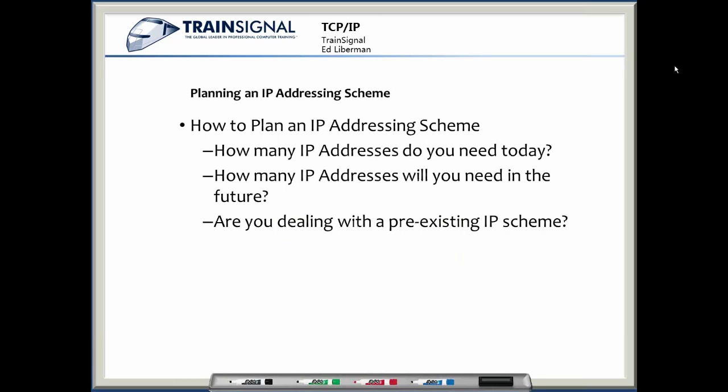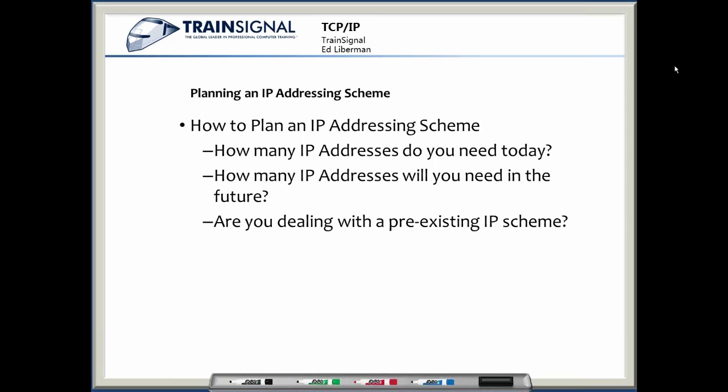So, if we find ourselves in a situation where we need to put together an IP addressing scheme, right? We need to determine for our network, for our company, for our house, for our whatever, we need to have a bunch of IP addresses so that the computers can talk to one another. What do we need to look at?